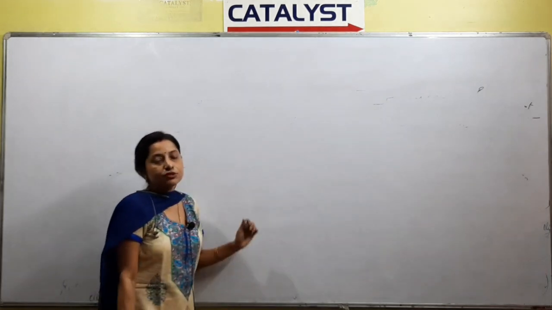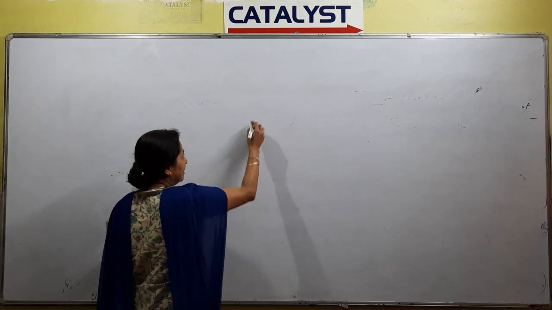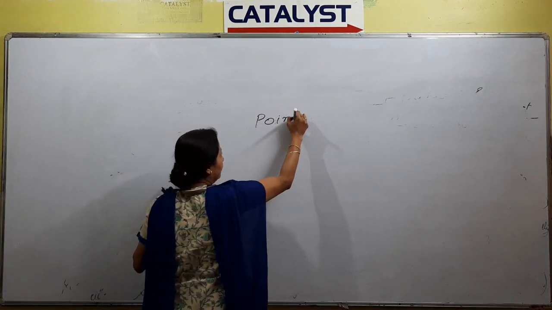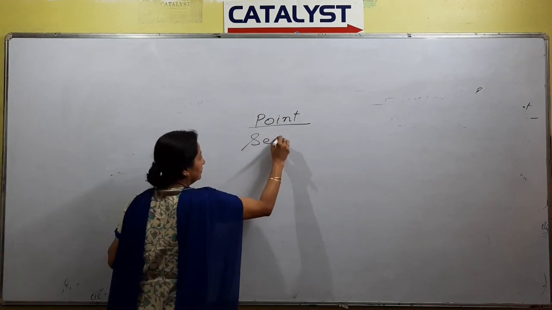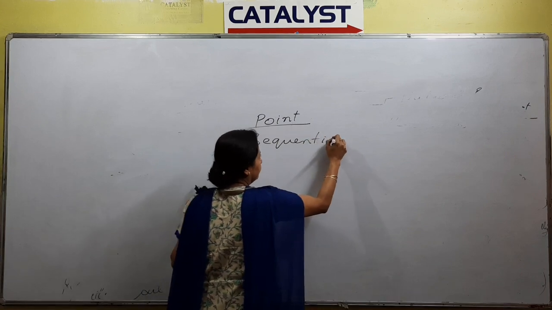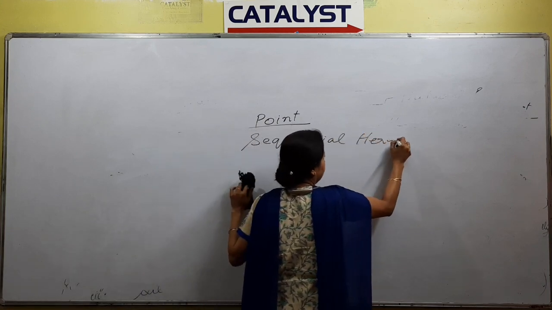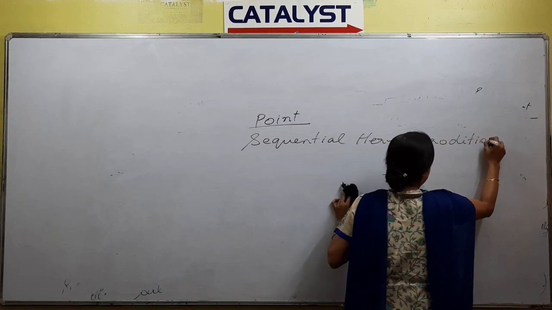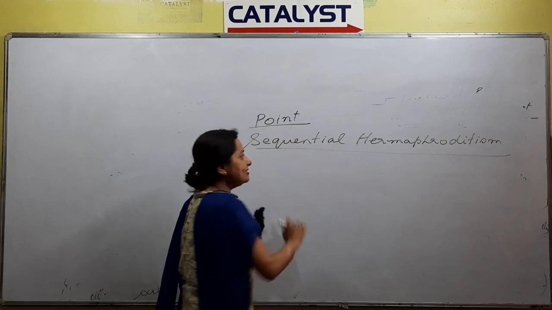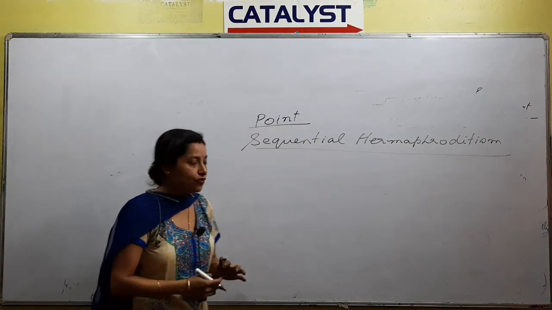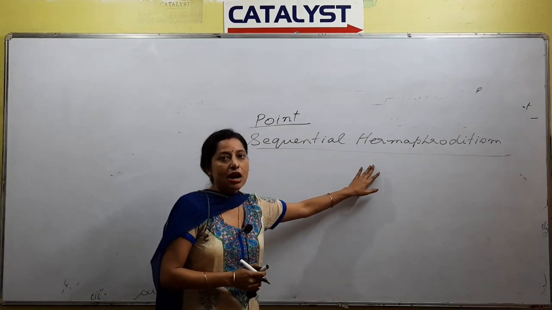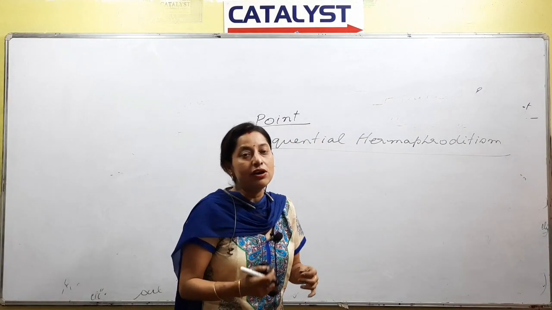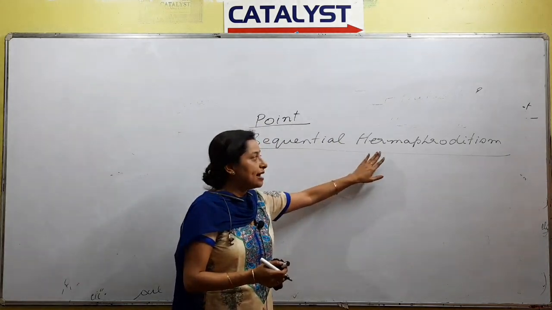Ultimately we have come to the end. We have a term called sequential hermaphroditism. Hermaphrodite animals, we know, earthworm, taenia, these are examples of hermaphrodites, right?